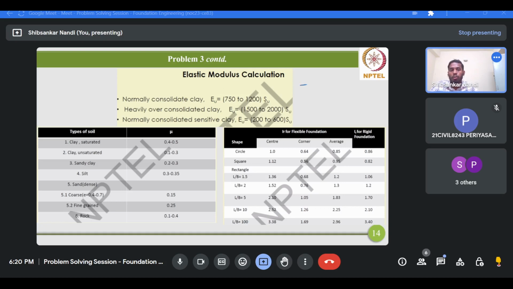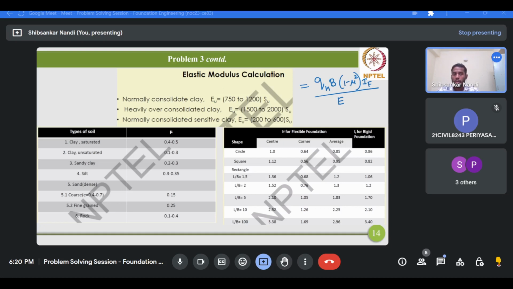We can calculate this as Qn times B times 1 minus mu square, times If, divided by E. Here Qn is the net intensity of loading at the foundation level, B is the width of the footing, mu is Poisson's ratio, If is the influence factor, and E is the elasticity modulus of the clay soil. So this will give you the elastic component of the settlement experienced by the clay layer due to the application of this Qn.